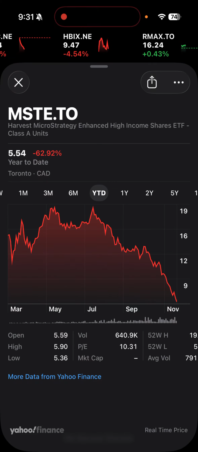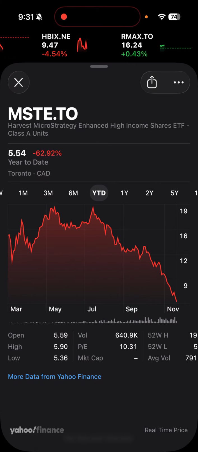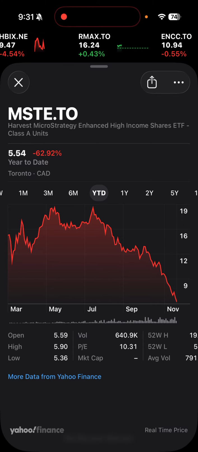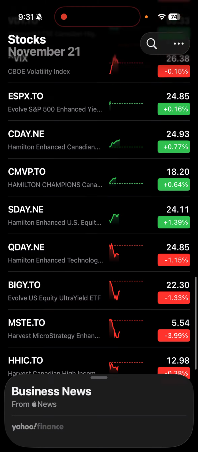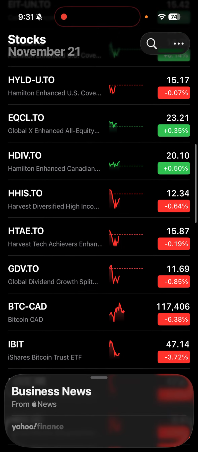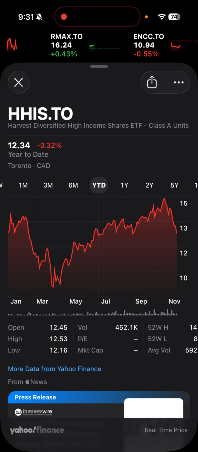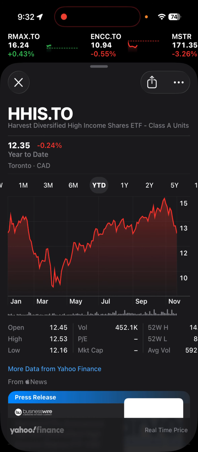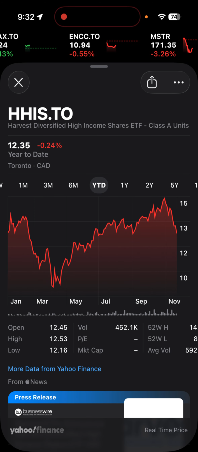But to take such a huge, hard swing down like this has kind of got a lot of people wondering, right? So personally for me, that's why I stay with a diversified ETF like HHIS, still getting exposure to MSTE and those other volatile stocks, but then you're staying diversified within a fund, which is what I personally like.